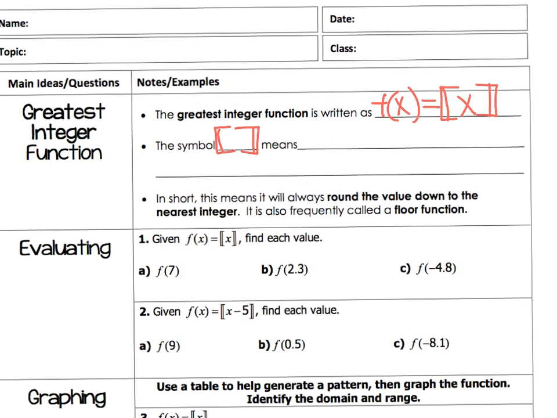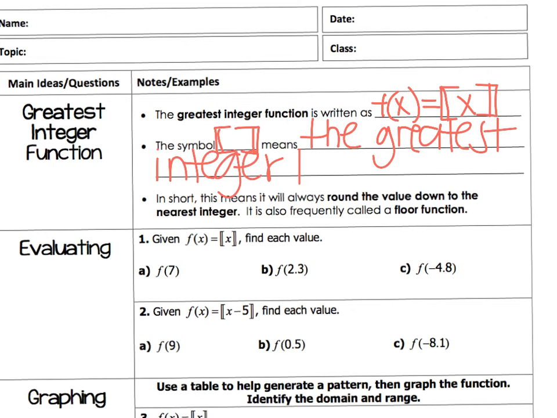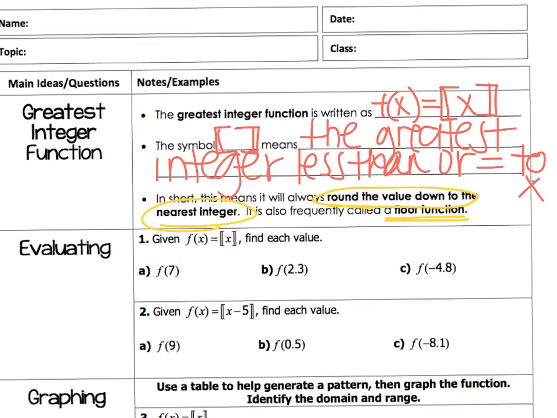It means the greatest integer less than or equal to x. In short, when we're dealing with greatest integer functions, we always round the value down to the nearest integer. Another name for greatest integer functions is a floor function, so that's another name you may see.